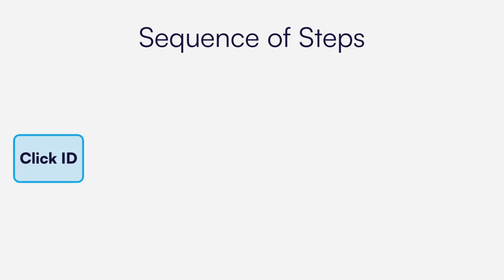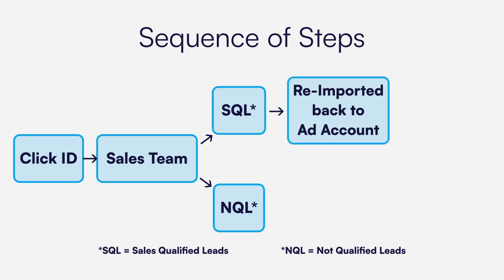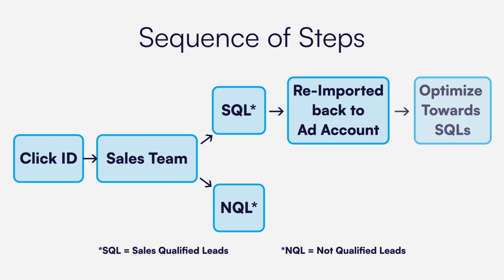The sequence of steps here are someone clicks on your ad, they submit a form, you capture their G-Click ID, the sales team follows up with that lead, marks it as unqualified or qualified, and the qualified leads get re-imported back to your ad account. And you can see which keywords, which ads, which campaigns are actually driving the winning leads and shift more budget there.